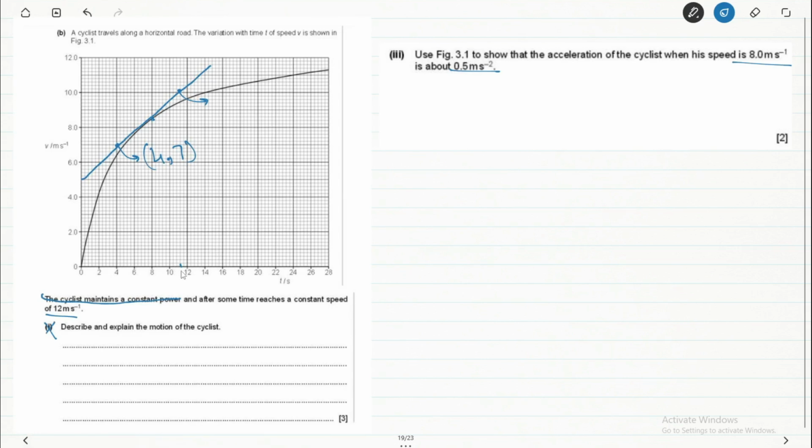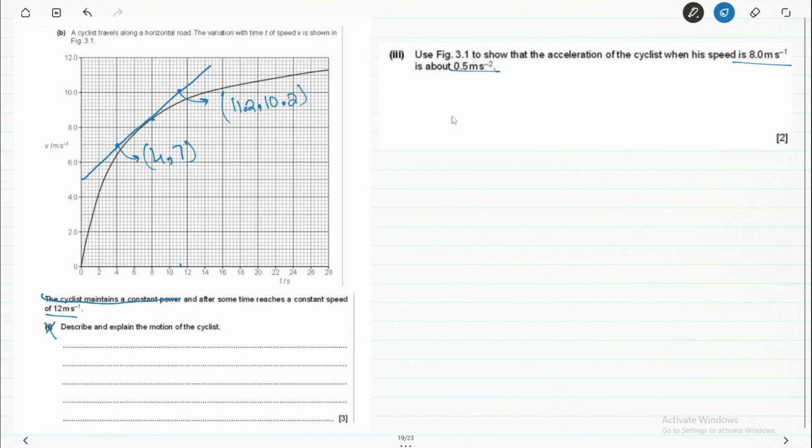10.4, 10.8, and 11.2. I don't know why I wrote a 4 here. This is 4.7. And this is 11.2 and 10.2.